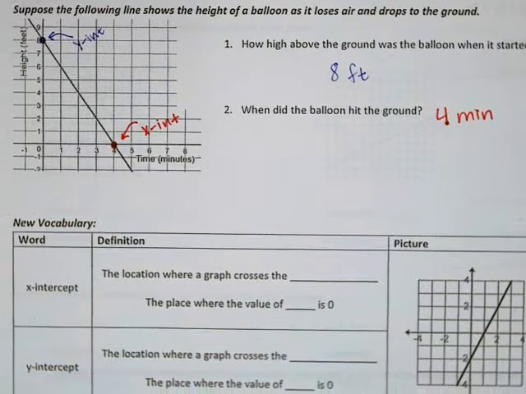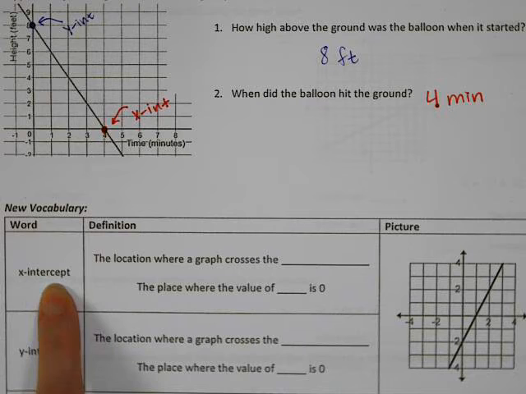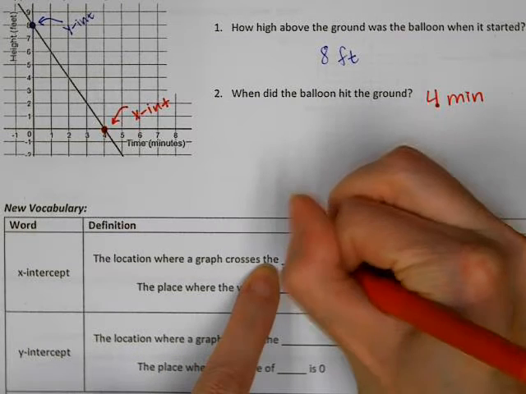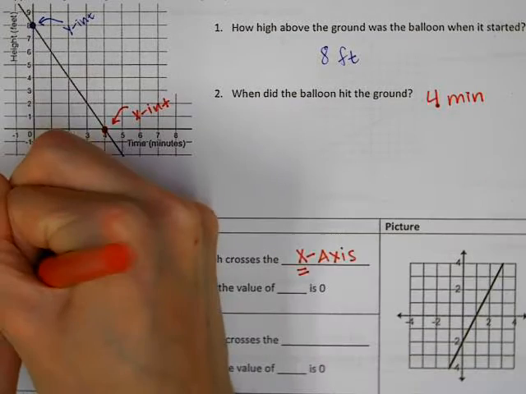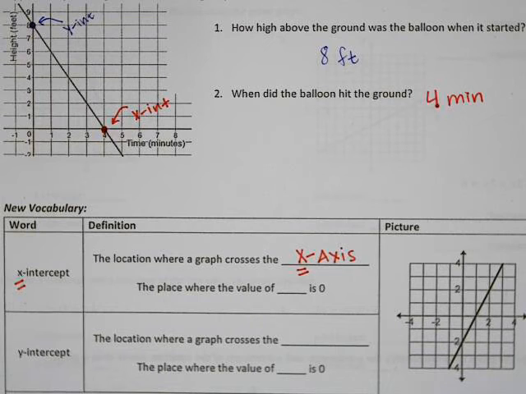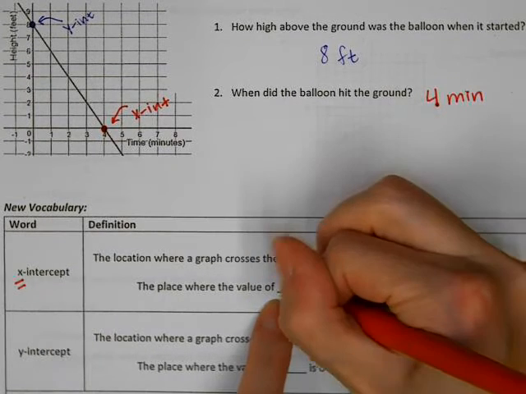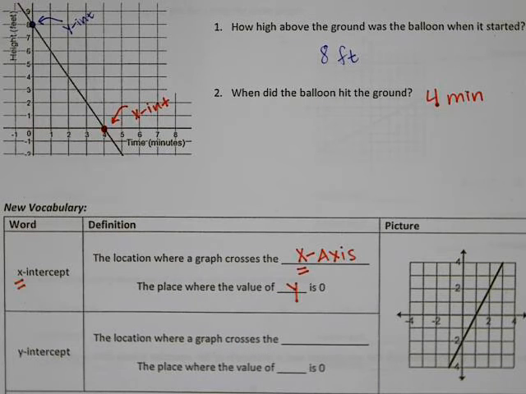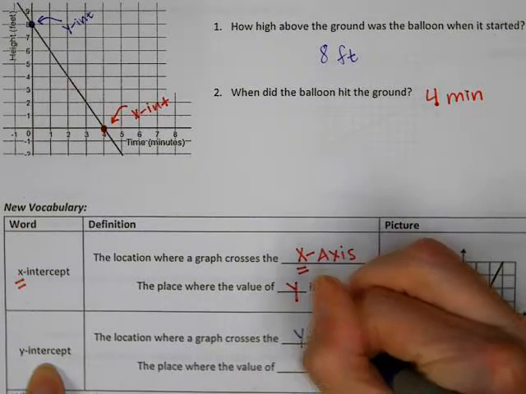Okay, and there's something really special about intercepts. So the x-intercept is the location where a graph crosses the x-axis. Duh, right? X-axis, x-intercept, easy. And the cool thing about an x-intercept is the y value is always 0. And then the y-intercept is the location where the graph crosses the y-axis.